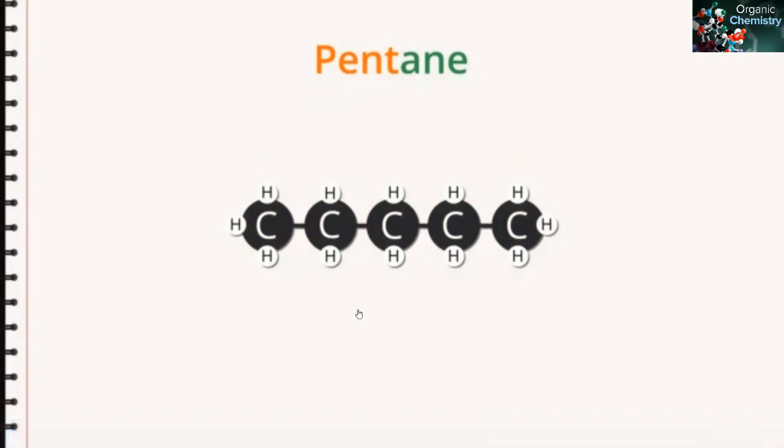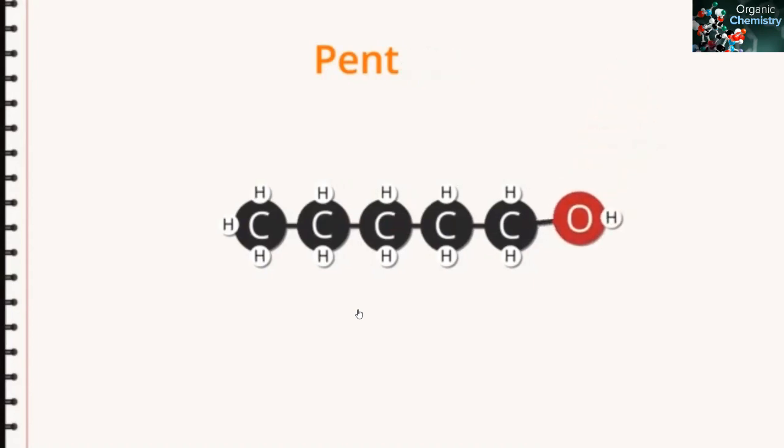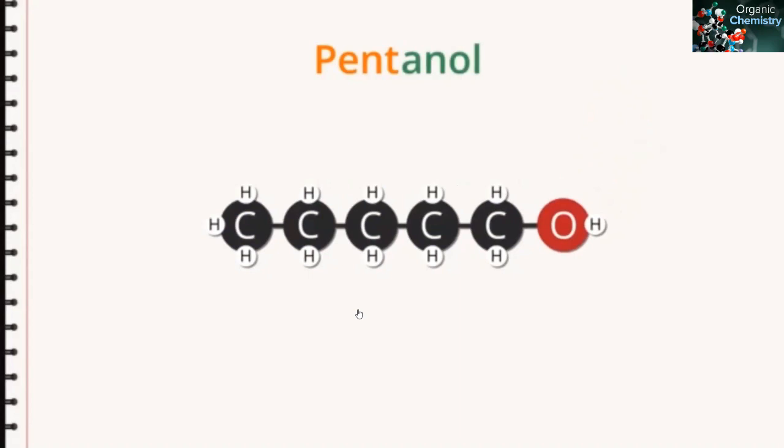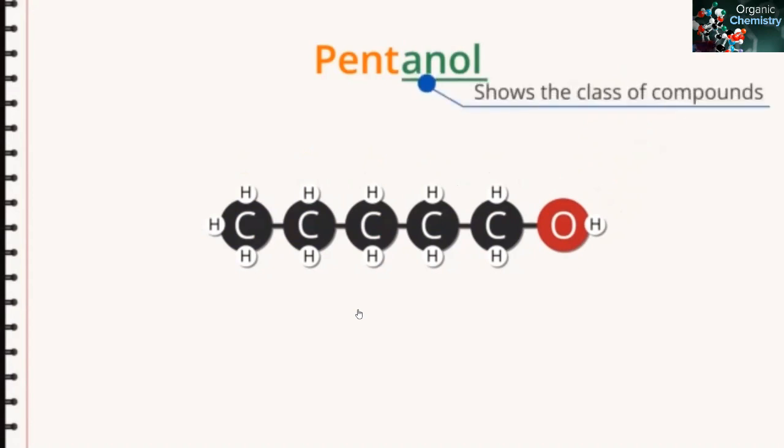If we replace one of the hydrogen atoms with another group of atoms, another functional group, the molecule gets a different surname. Like this substance, pentanol, which belongs to the family of alcohols. The name still starts with pent, since it has a chain of 5 carbon atoms. The ending anol is the family name of all the alcohols.